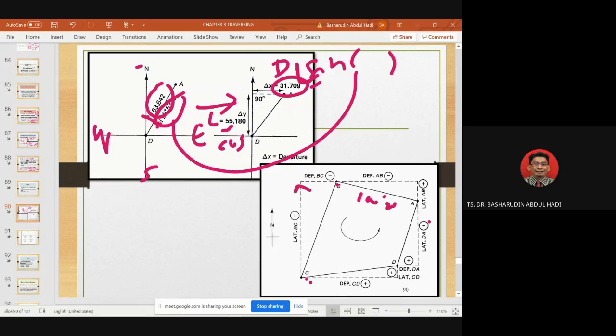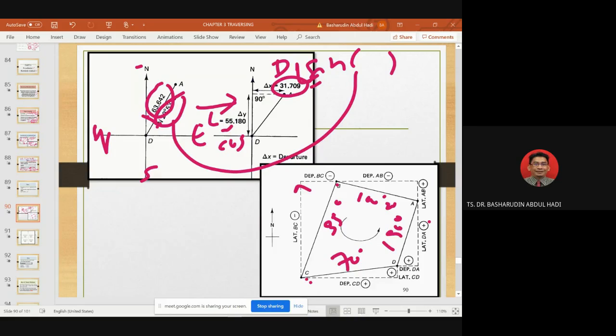A to D maybe more than 180 degree, maybe 190 degree, for example. C to D maybe less, maybe 70 degree. C to B maybe is 35 degree.